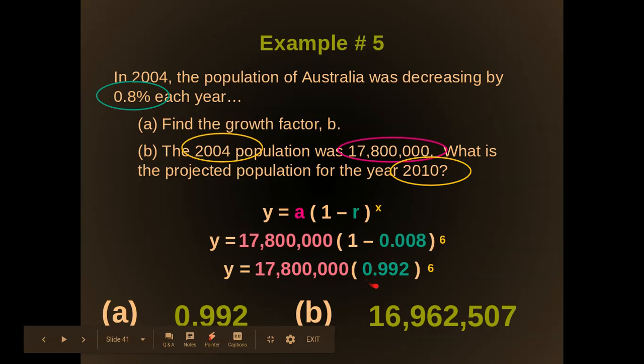It's less than 1, which means that as we multiply by a number less than 1, we are going to go down. We should expect that, since this is an exponential decay problem. Also, 0.992 means that we're keeping 99.2% of the population every year. So that's the same thing as decreasing by 0.8% every year.